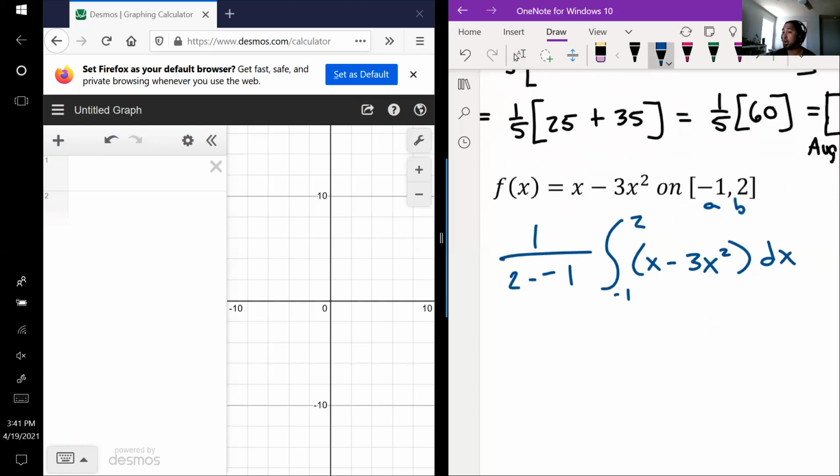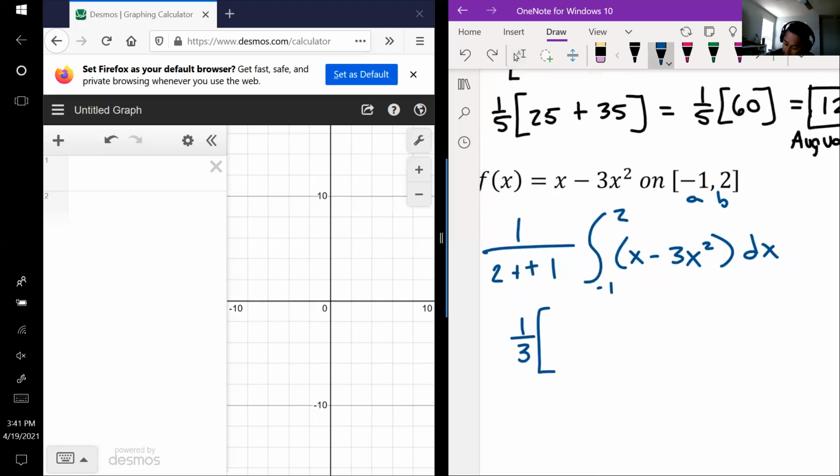Now clean it up and you get 1 over 2 minus -1, which becomes plus, so you'll get 1/3. And then we are ready for the antiderivative. So I'll put the brackets there. And the antiderivative of x is going to be x squared over 2 minus 3 times the antiderivative of x squared, which is x cubed over 3.